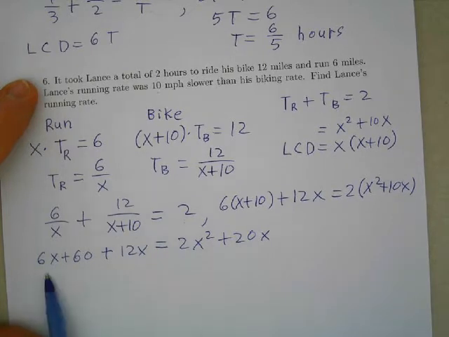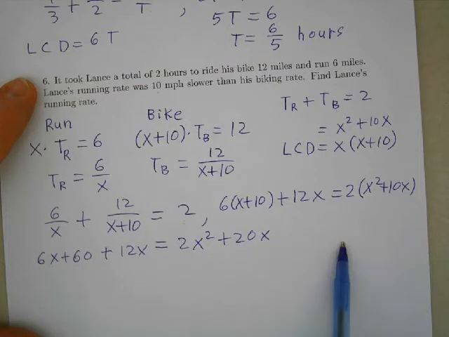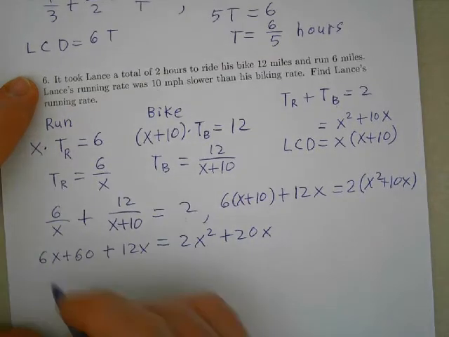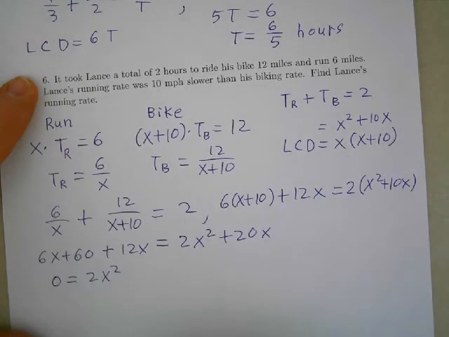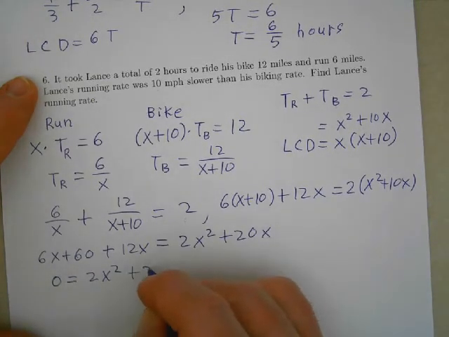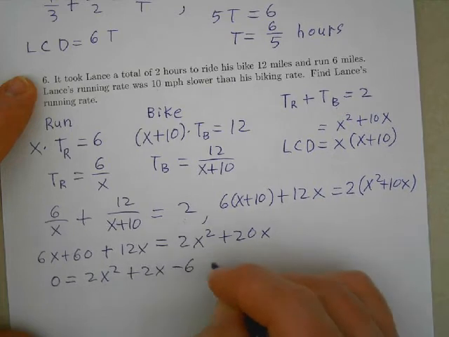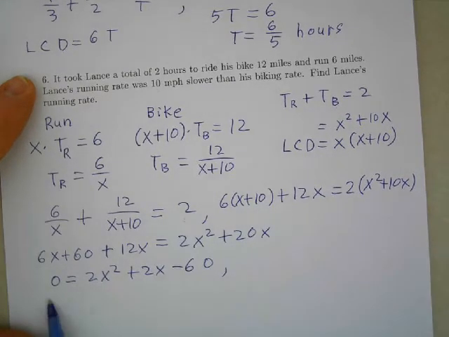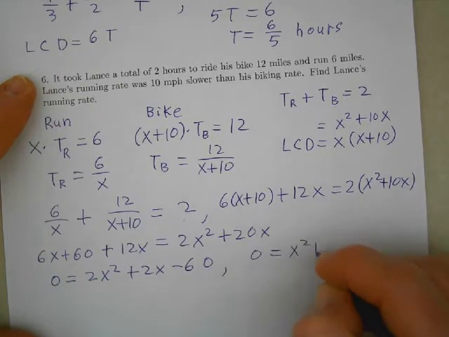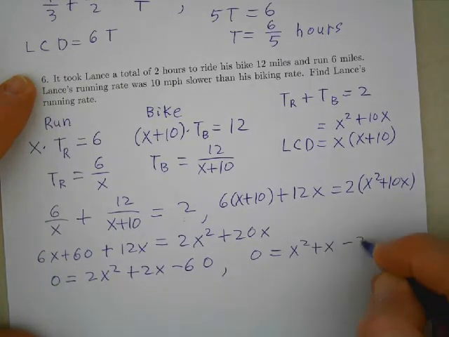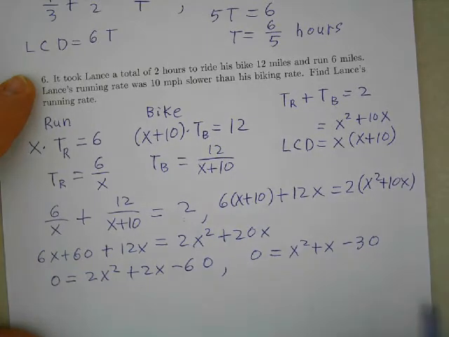I'll just go ahead and subtract both 6x and 12x from both sides, and also subtract 60 from both sides, so that we get 0 equals 2x squared plus 2x minus 60. And then I'll divide every term on both sides by 2 to get 0 equals x squared plus x minus 30. And this factors pretty nicely.